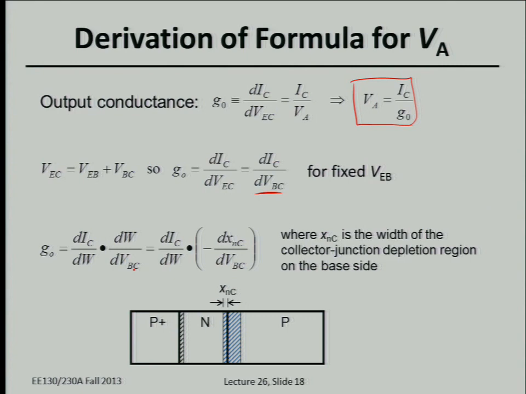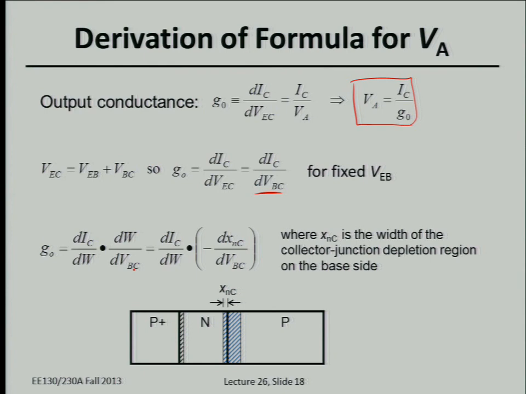The change in the width of the quasi-neutral base is going to be equal in magnitude to the change in the width of the depletion region in the base, except it's the opposite sign.